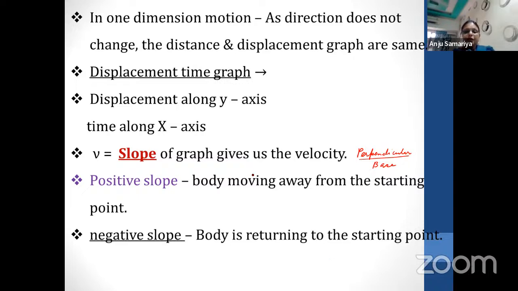Positive slope is when the body is moving away from the starting point. And when the body is coming back, returning to the starting point, suppose it went from here to here and now it is coming back, this is positive and this is negative.